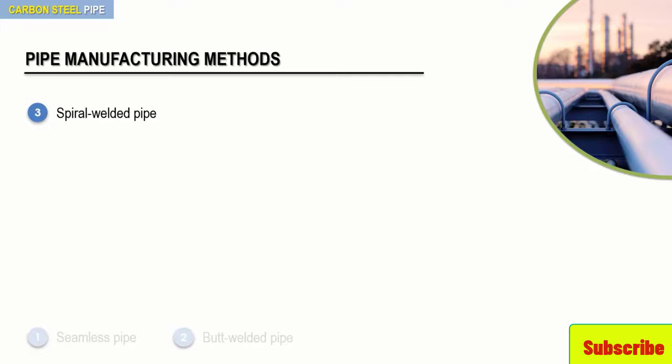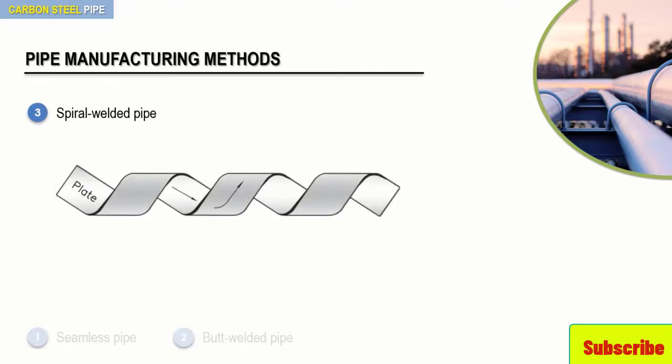The least common of the three methods is spiral welded pipe. Spiral welded pipe is formed by twisting strips of metal into a spiral shape, then welding where the edges join one another to form a seam. The figure that you can see here shows spiral welded pipe as it appears before welding.